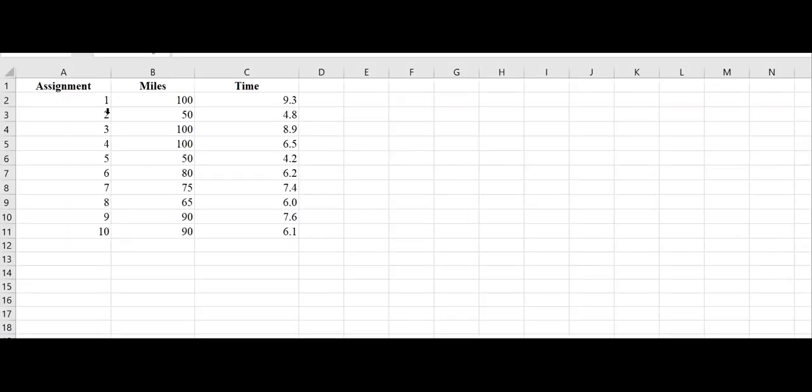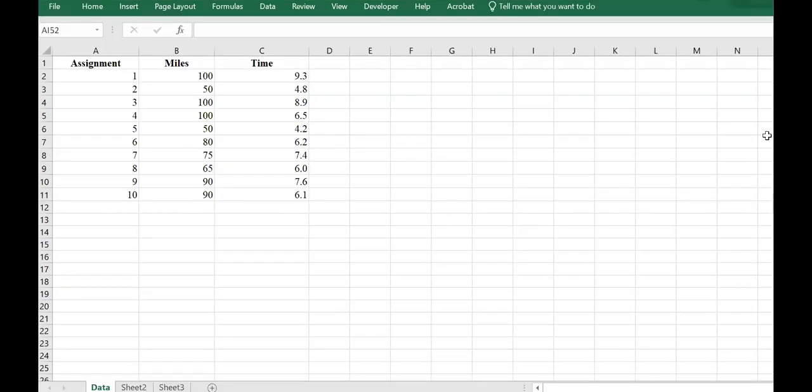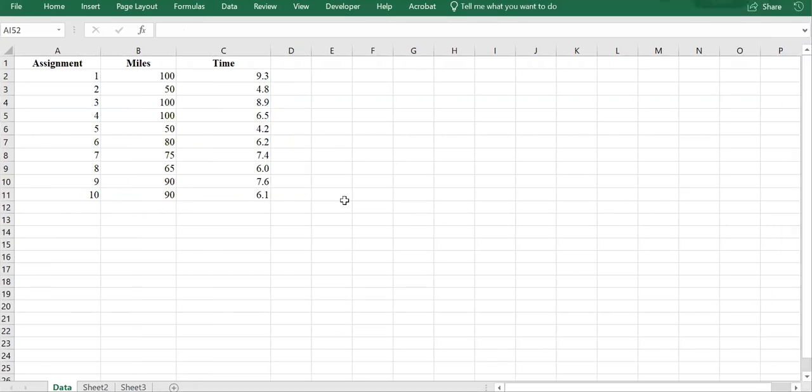Now we want to see how we can find the linear equation when we're dealing with simple regression. So this is a case of simple regression because we are using one independent variable to explain our dependent variable.